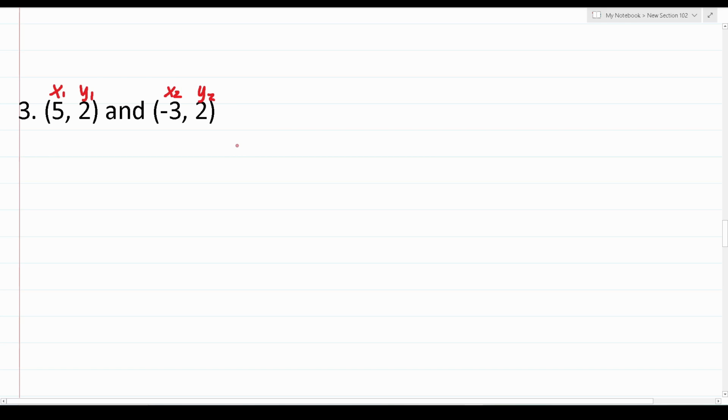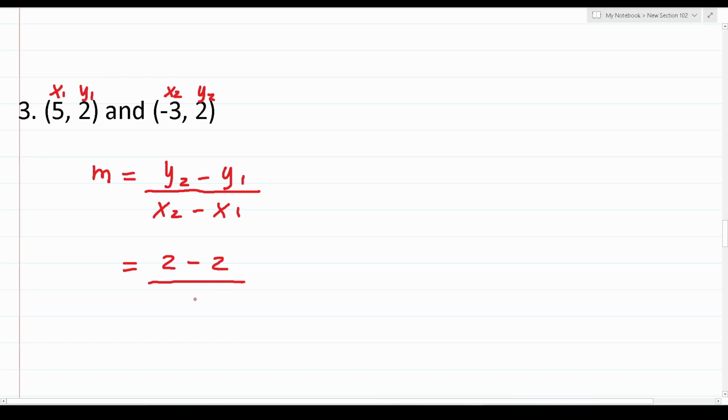Now that we've labeled our values, we should know that we're going to be plugging them into the slope equation, which is m equals y2 minus y1 over x2 minus x1. Let's plug those values in accordingly. We know y2 is right here. It's 2, so this is 2 minus y1, which is 2, over x2, which is negative 3, minus x1, which is 5.